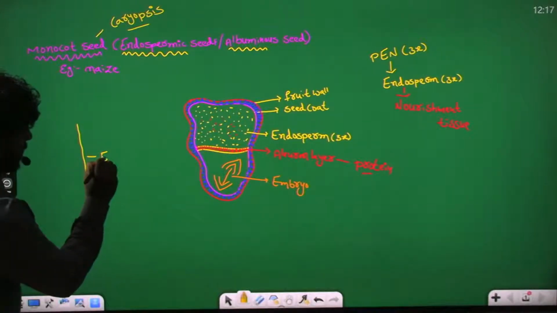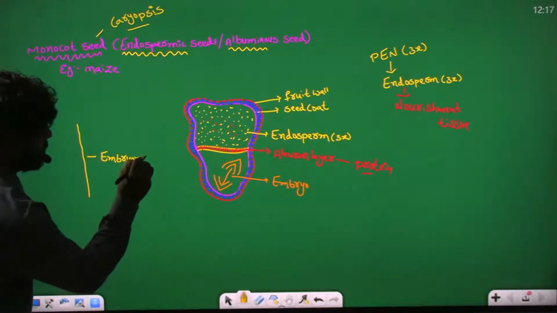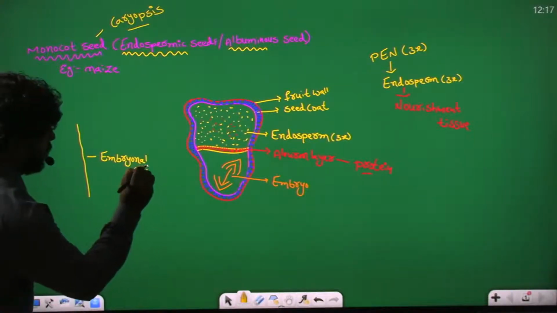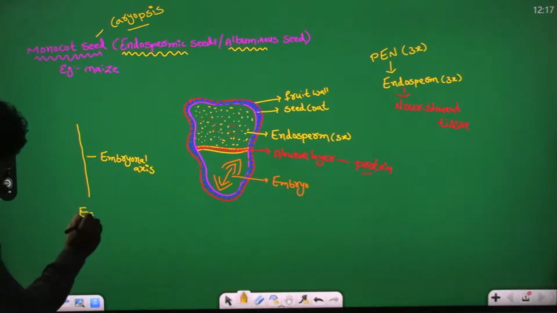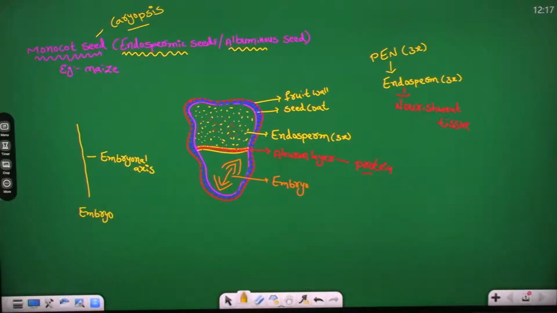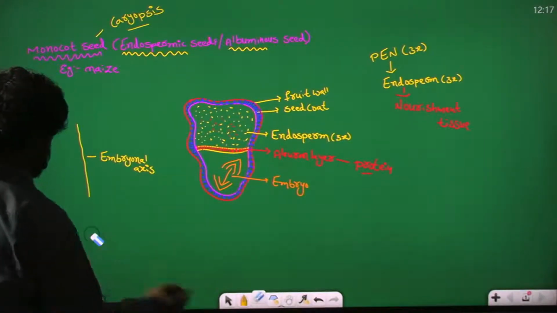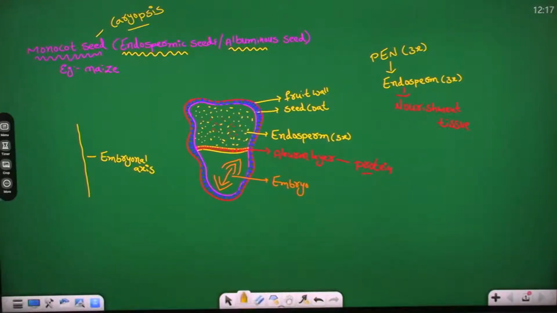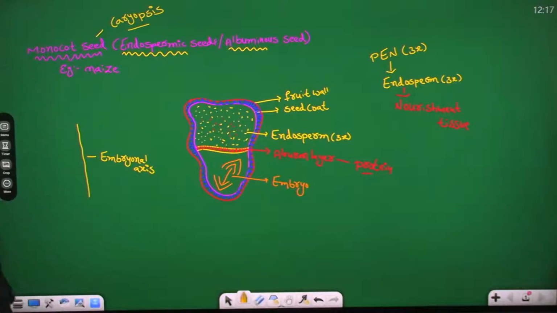This axis is called the embryonal axis. A longitudinal axis present in the structure of the embryo is called the embryonal axis.